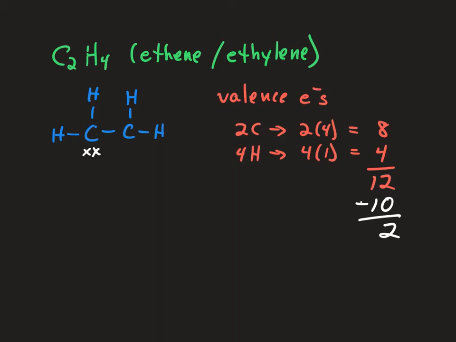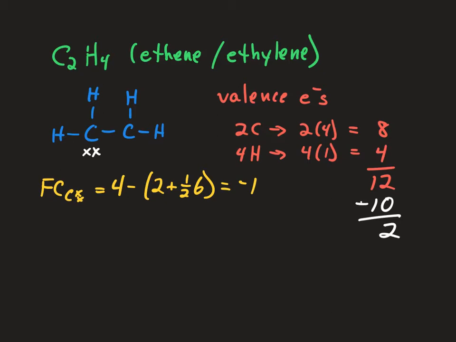And if we go through and look at the formal charge, the formal charge on the carbon with the unshared pair is going to be 4 minus 2 plus half of 6, which is -1.